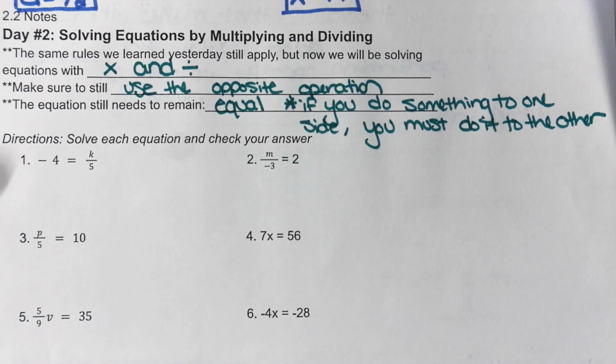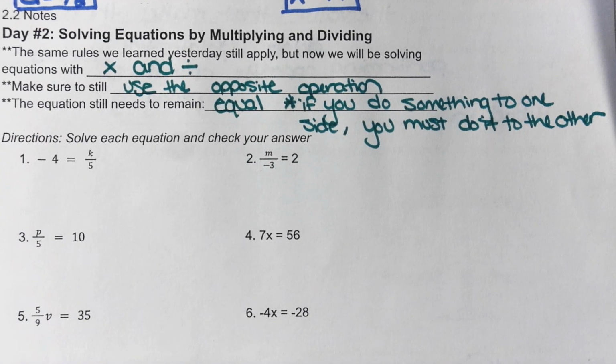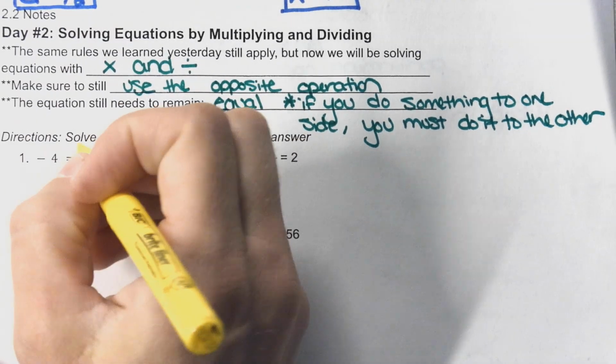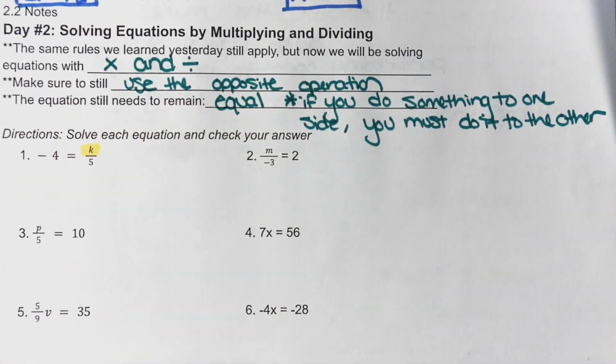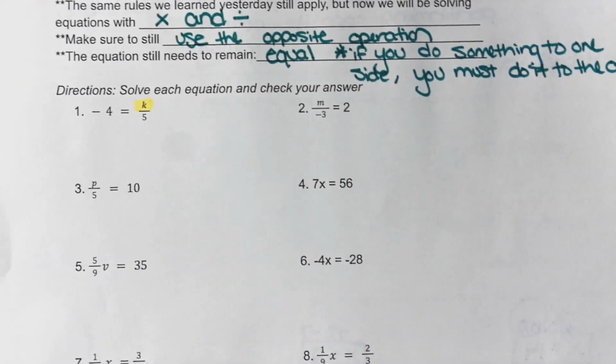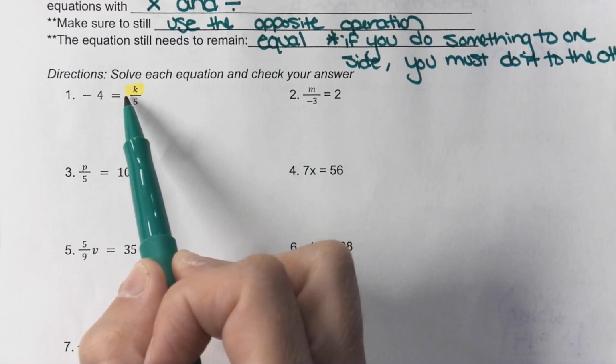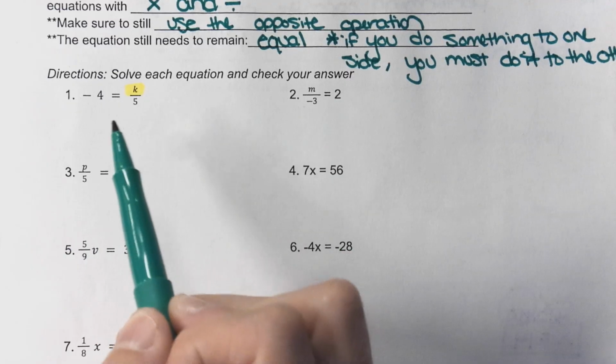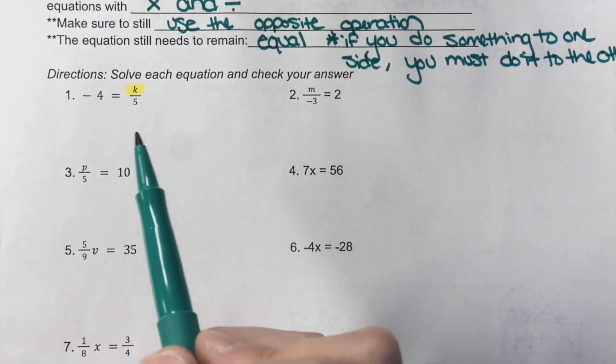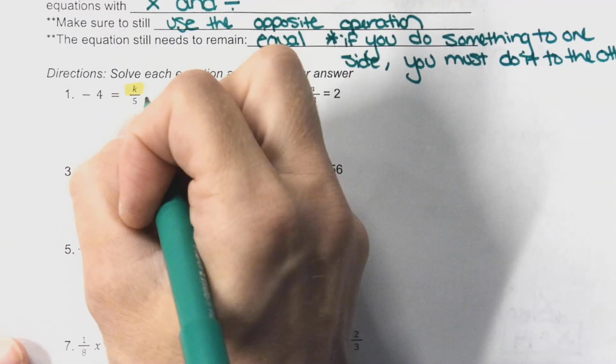All right, so look at number 1 and find your variable. This time it's the letter K. Remember, we can have different variables in here, and so we need to be okay with any letter that comes across our way. So I've got K this time. What does this bar mean, this line? Division. So the opposite of division is multiplication.